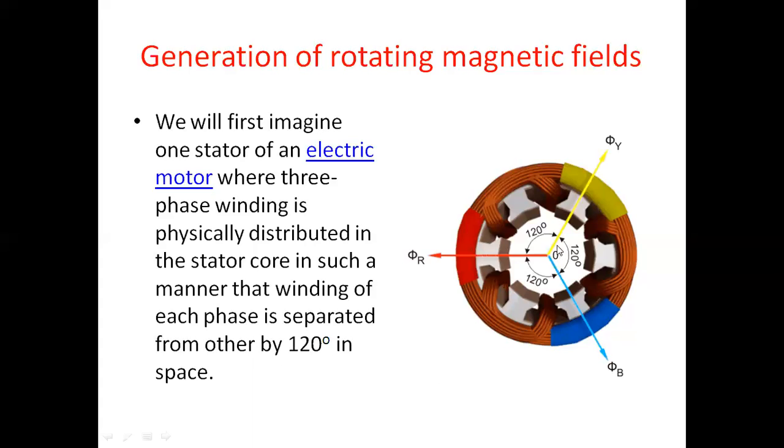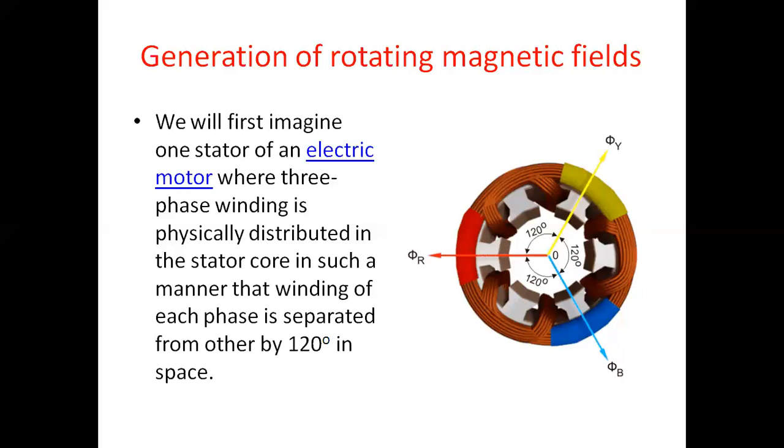It is clear from that figure that they are separated by an angle of 120 degrees in space, and phi r is the magnitude of the flux in the R phase, where phi b and phi y stand for the magnitude of the flux in the B and Y phases.